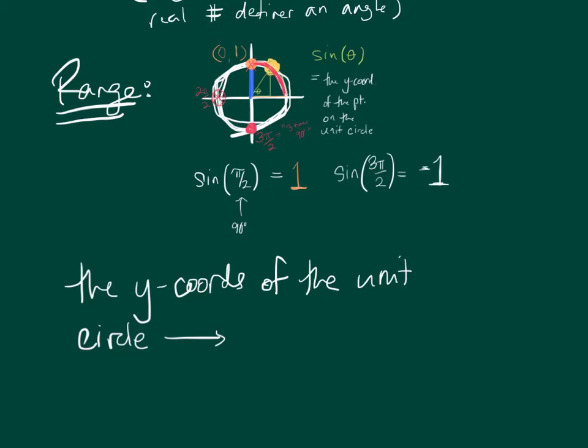If angles can be any real number in the world, the y-coordinates of the unit circle can be what? Can it be 2? What's the biggest y coordinate? The biggest y coordinate is here. And the smallest y coordinate is there, -1. And it can be anything in between. So -1, 1, and anything in between.